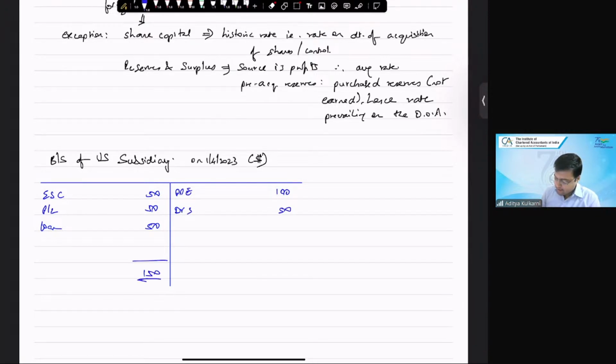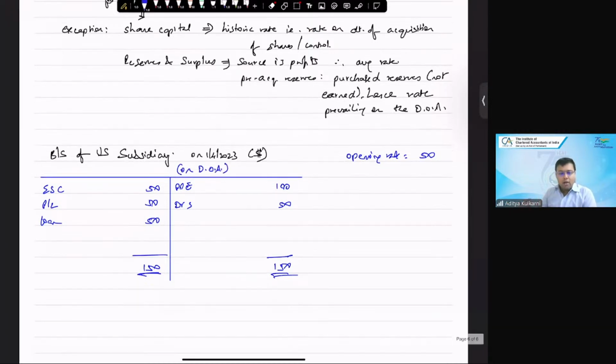Balance sheet tally is at 150. Okay. Opening rate 50. Now, opening rate is 50. That means when I have made the investment. Okay. This is on date of acquisition.